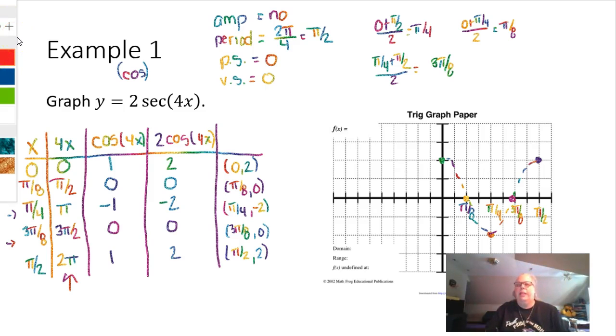And since it's undefined, that means I should have an asymptote right here. So I'm going to put my dotted line in right here for my secant curve. Also right here, where the cosine is 0, the secant is going to be undefined. So I'm going to put another asymptote in right here.